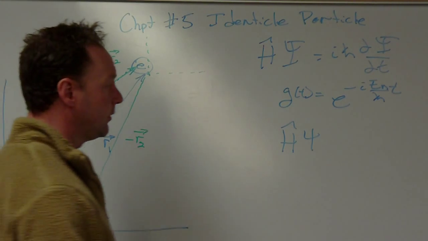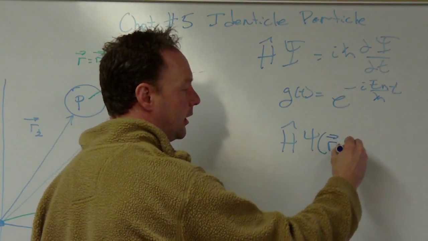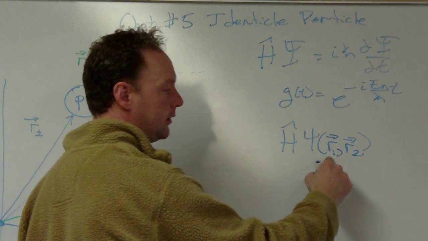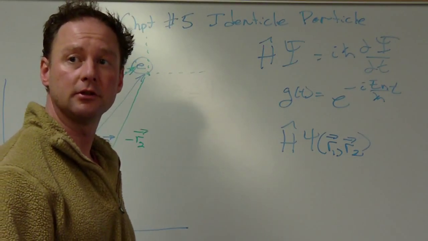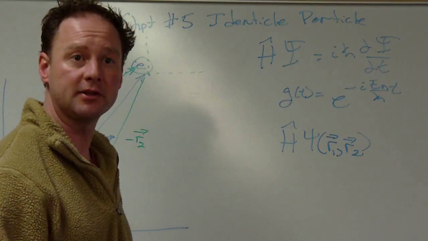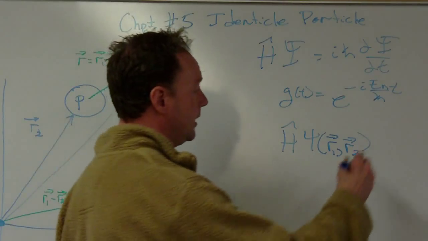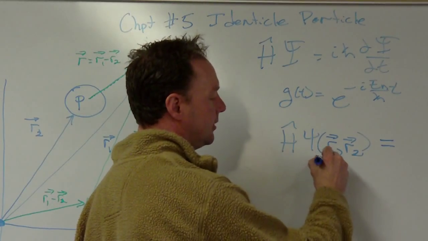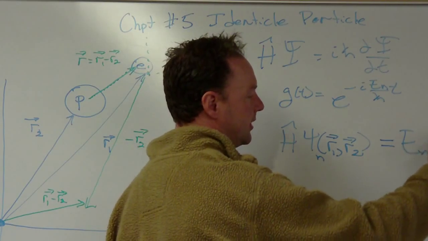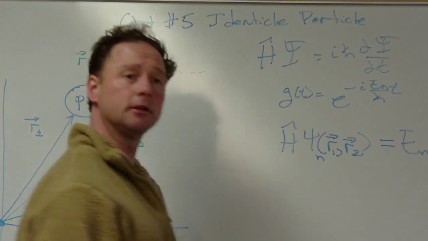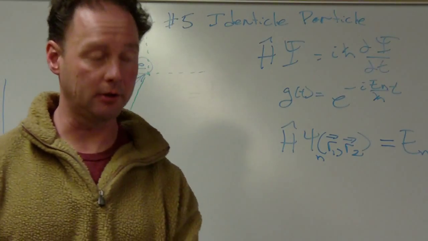In shorthand notation, this is a function of R1 and R2: 3 variables, 3 variables. So how many variables is this a function of? 6. I have a 6-variable differential equation right now. And that's going to equal, anticipating n for now, E n times psi n. Everybody agree? Next step is to actually write down the Hamiltonian explicitly.